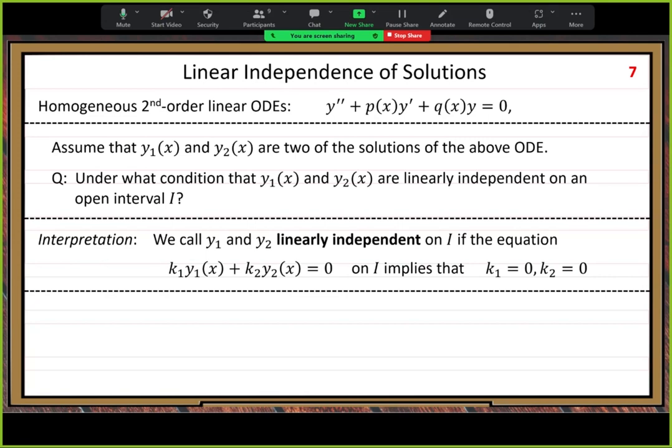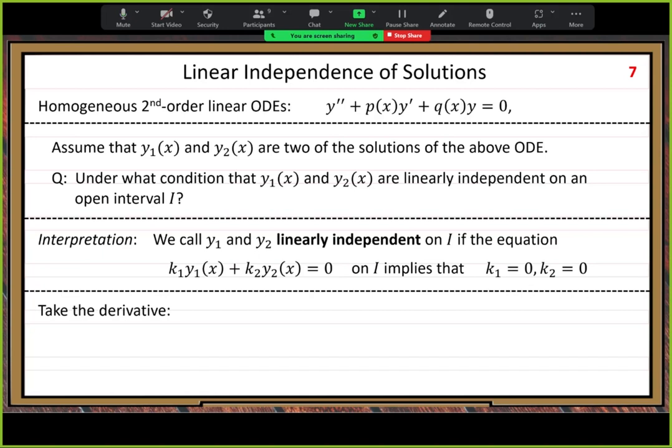We start from this condition, then we do some deduction. Let's assume this is correct. The left-hand side is a function, right? That is a differentiable function, because y1 is a solution and y2 is a solution, and they're both differentiable.